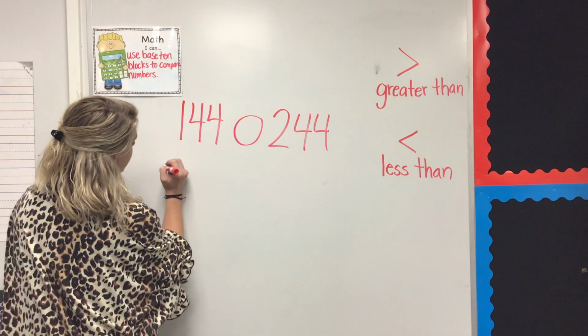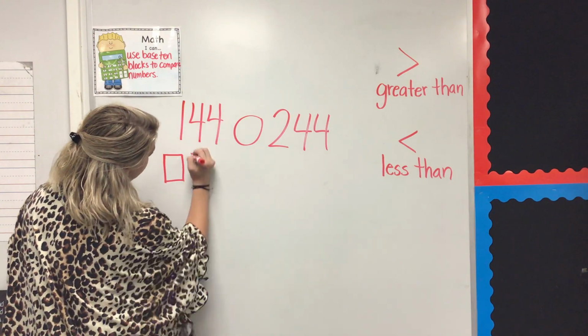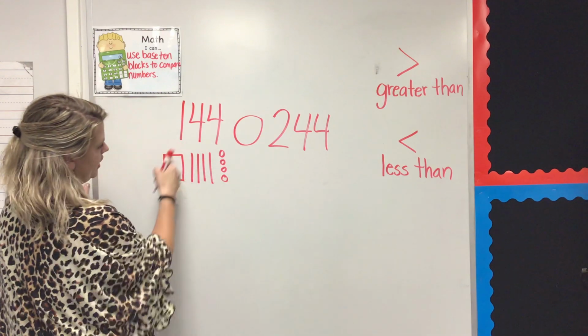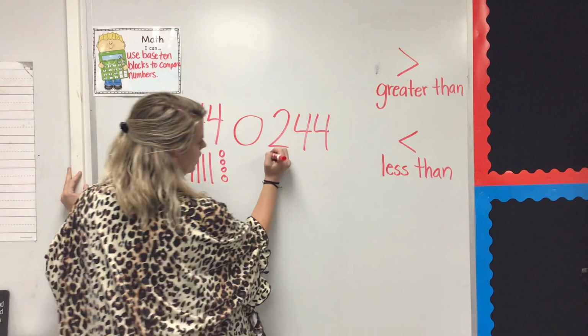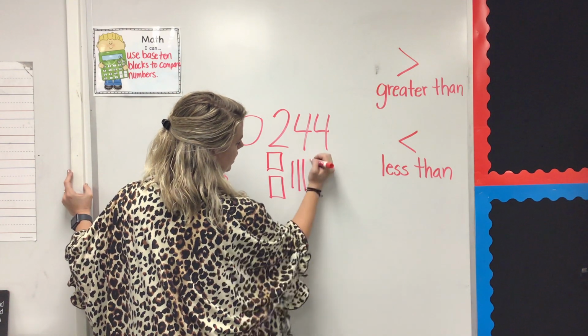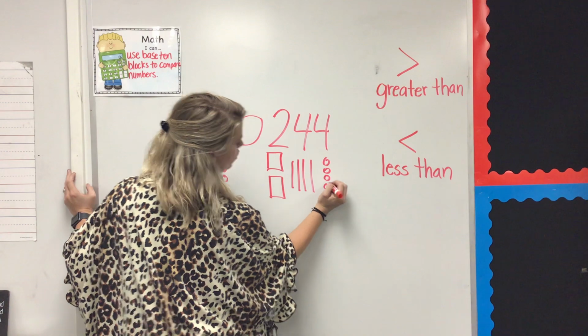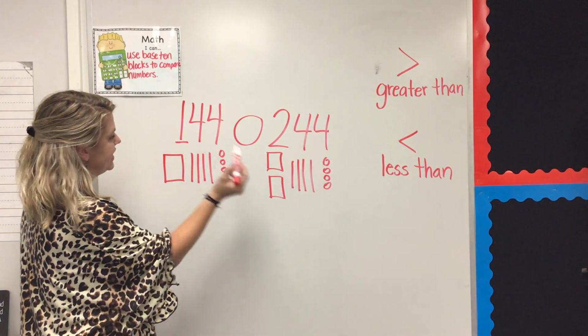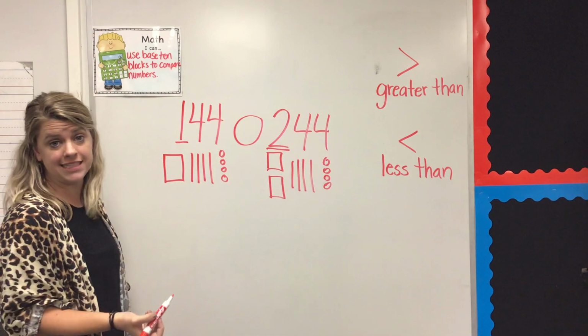All right, here we go. We have 100, 1, 2, 3, 4, 1, 2, 3, 4, 144. We have 200, 1, 2, 3, 4, 1, 2, 3, 4. All right, remember we always start in the biggest place value, which is the hundreds in this case.